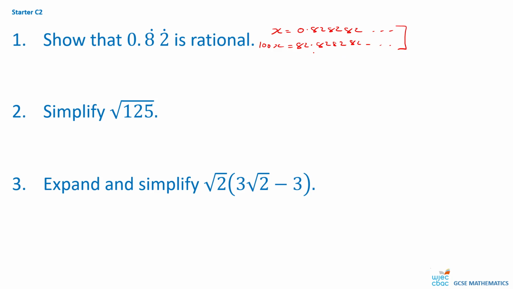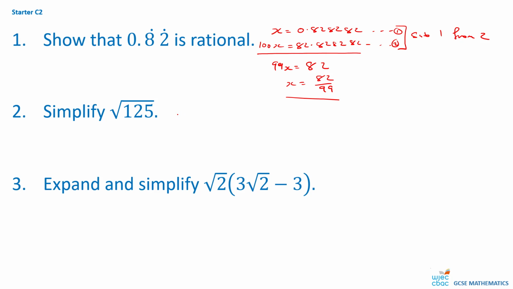And so I'm going to subtract: this is 2 and this is 1, so subtract 1 from 2, 100 take away 1, we get 99x is equal to 82 minus 0, and we get rid of the decimal, so x is equal to 82 divided by 99. Job done.